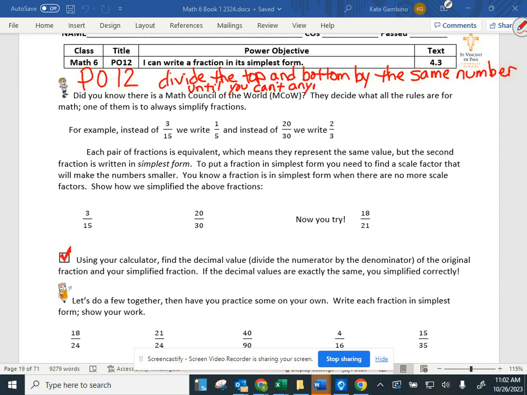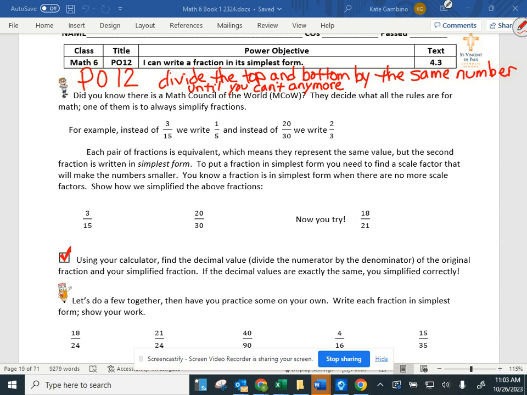Sometimes we find that greatest common factor right away, and we only have to simplify it one time. Sometimes that greatest common factor might be a 12. So we might have divided it by a 2, and then divided it by a 2, and then we still have to divide it by a 3.